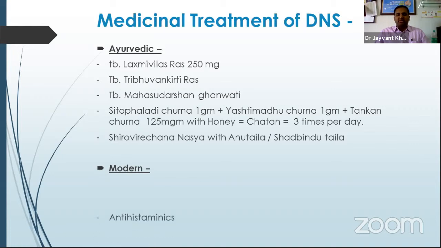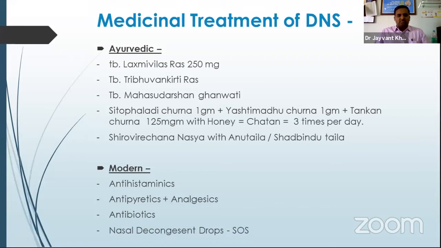Then modern treatment: antihistaminics, antipyretics with analgesics, antibiotics for the infection, nasal decongestant drops. SOS, if there is high obstruction, you can use nasal decongestant drops for relief of nasal obstruction.